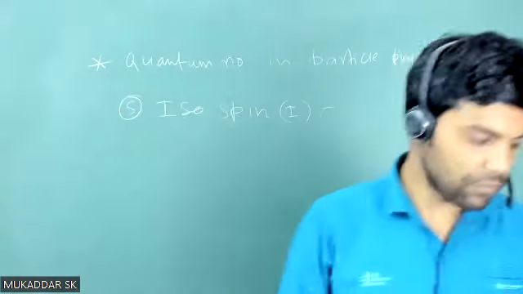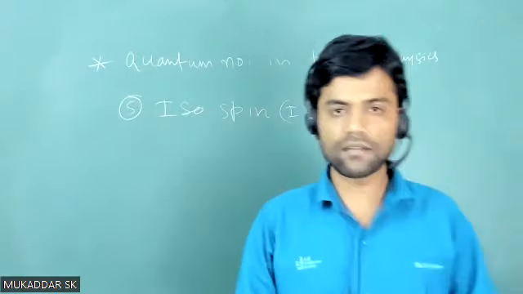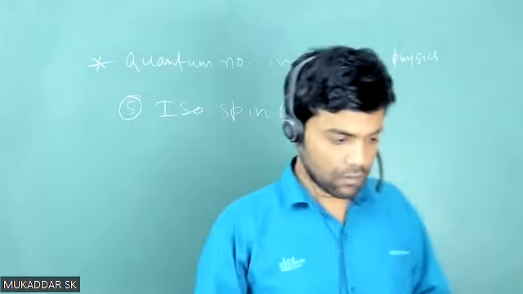So next is your isospin. There is no relation between isospin and spin. Now what is the isospin quantum number? Why is it needed? You can write that.